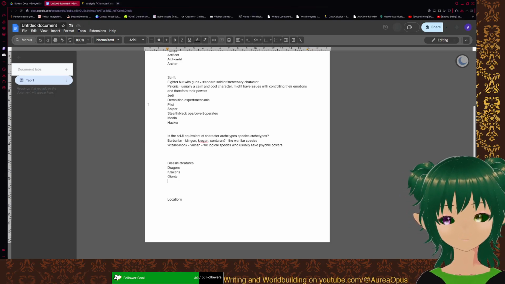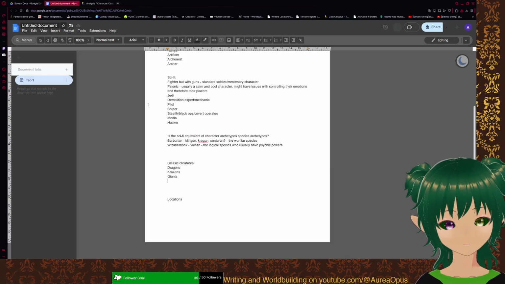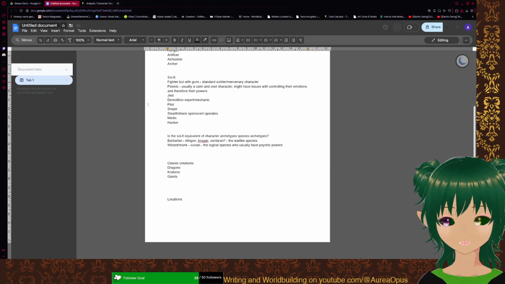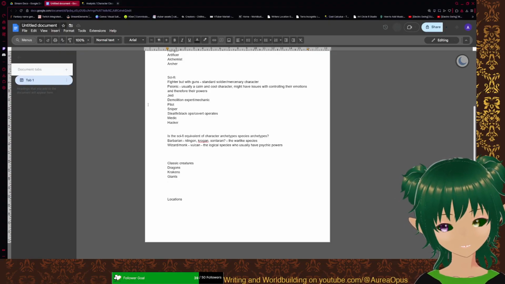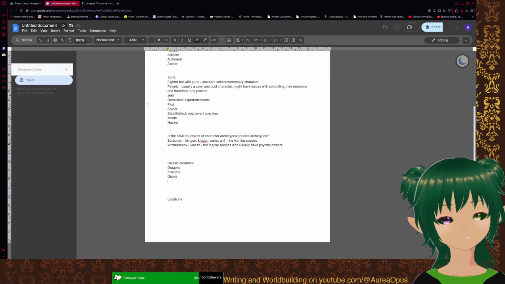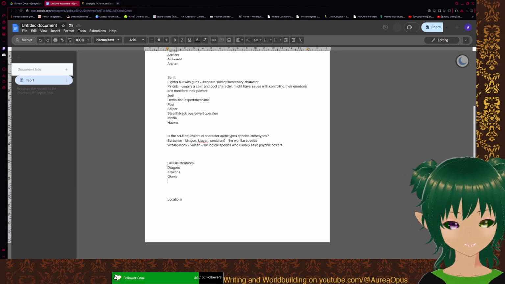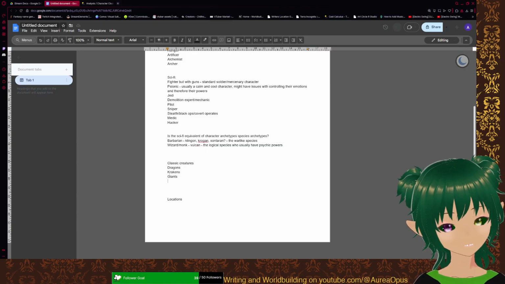You know exactly what you're looking at, what you're dealing with, what its deal is, things you can expect from it. They might not always be true, they might be subverted in certain cases, but there's this fairly strong baseline, right? Like, the dragon is dangerous, it flies, it breathes fire, it hoards gold.